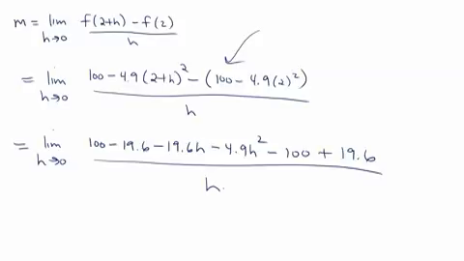Now look at the numerator. We have a 100 minus 100, which makes 0, and we also have a negative 19.6 and a positive 19.6, which make 0. So now that gives us the limit as h approaches 0 of negative 19.6h minus 4.9h squared all over h.